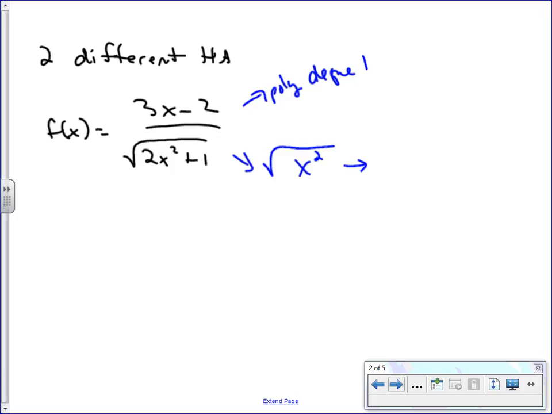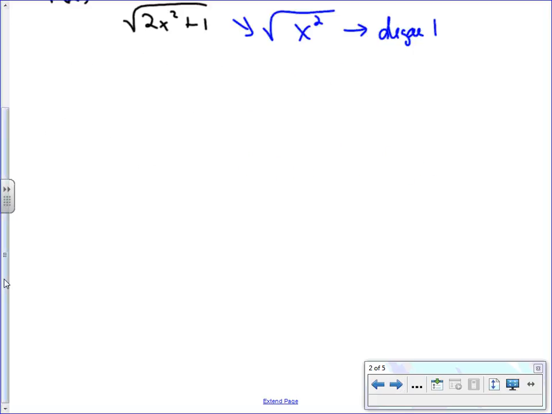So you can see how you could think of that as being degree 1 as well. And I'm going to work through the analytical process for this. You can see the steps. If you happen to pick up on a shortcut and you can always get this right, that's great, but I want you to see the analytical process for this as well.